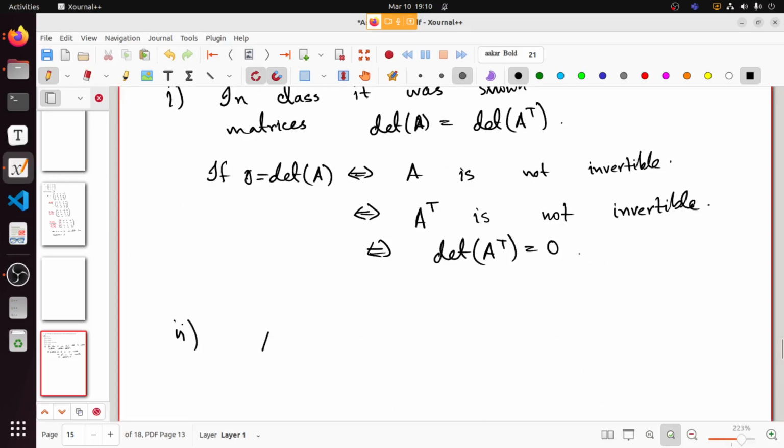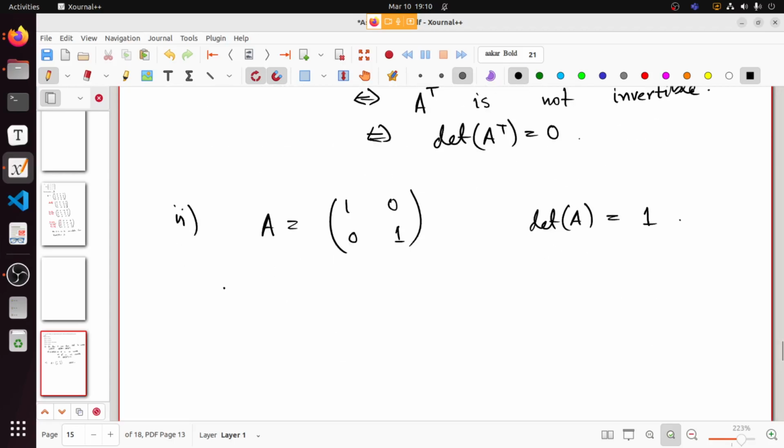Suppose A is a 2 cross 2 matrix, 1 0 0 1. What is the determinant of A? Determinant of A is 1, right? Now take C non-zero. Then what will be CA? CA is multiplying all the columns by C, so it is C 0 0 C. Then what will be the determinant of CA?